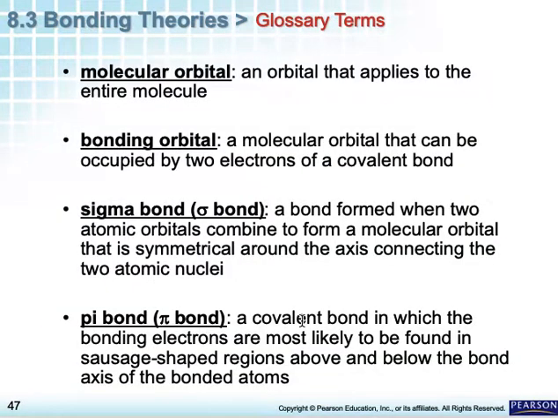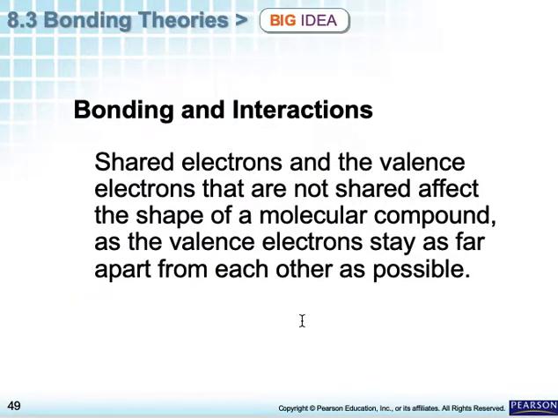And here are your vocab words for this section. The big idea: shared electrons and valence electrons that are not shared will affect the shape of the molecule, as the valence shell electrons stay as far apart as they possibly can.